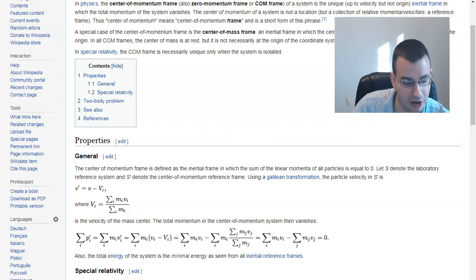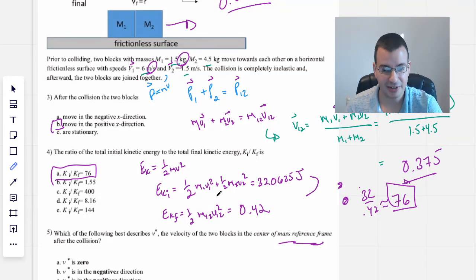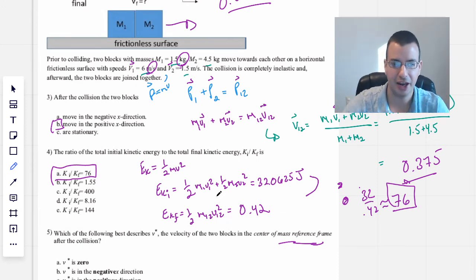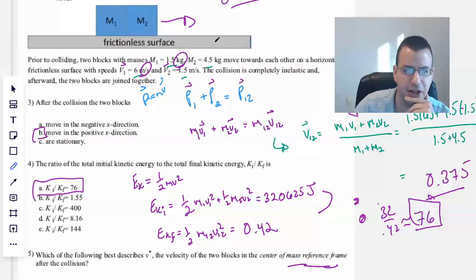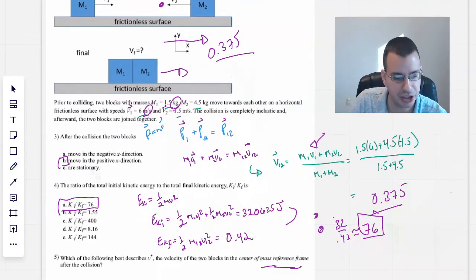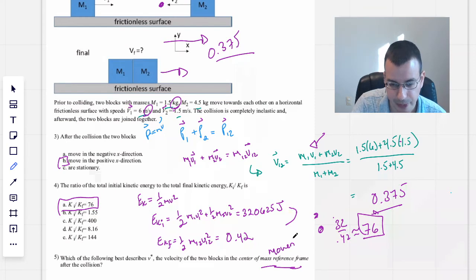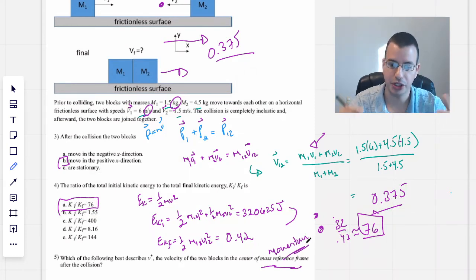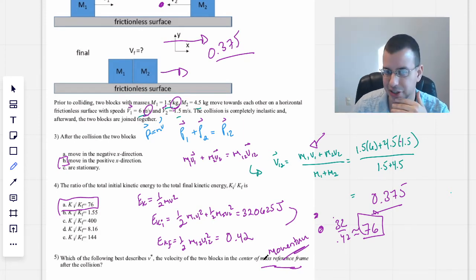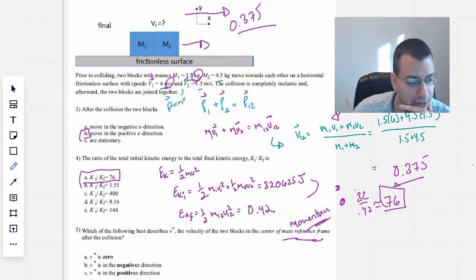So the center of mass frame is just the center of momentum frame with an extra added on. And I think it went on to mention that it was basically centered at the origin, which, okay, this is not talking about position here. This is talking about velocity. So they could have said center of momentum frame, and that would not have changed this question, because center of mass versus center of momentum is just where the origin is. Not a big deal.